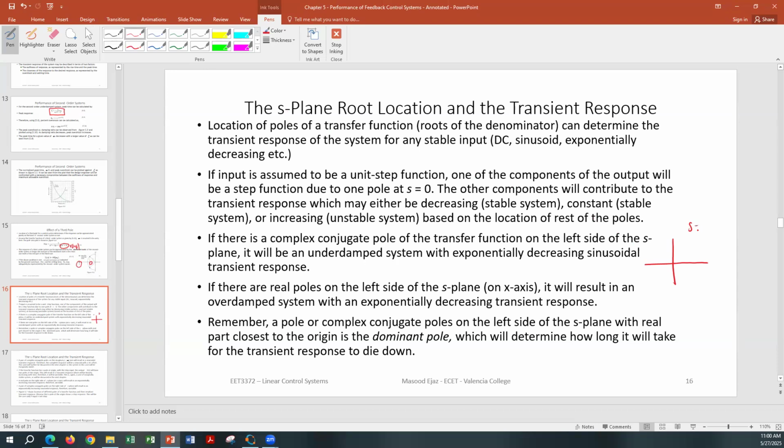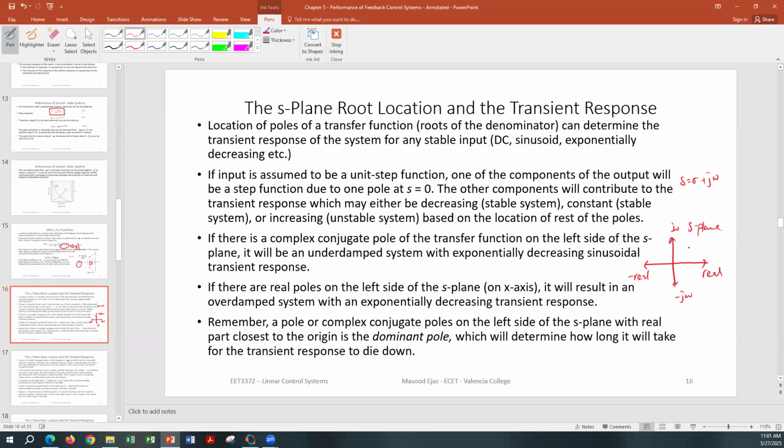So this is the S plane, and of course you have real values, negative real values, and you have imaginary values and negative imaginary values. So remember, s is sigma plus j omega. Sigma is on the real axis and j omega is on the imaginary axis. So depending upon where your poles are located, remember again, poles are the roots of the denominator of your transfer function.